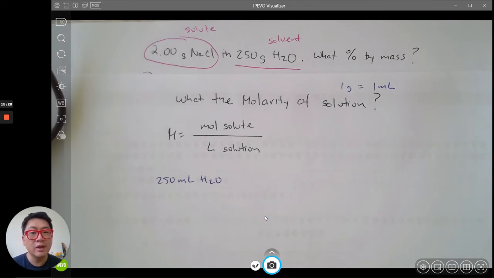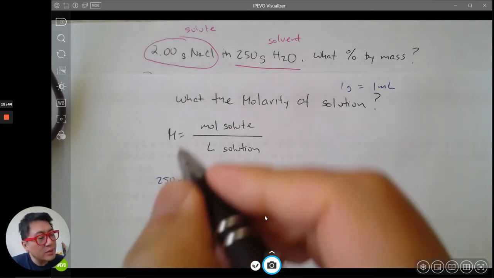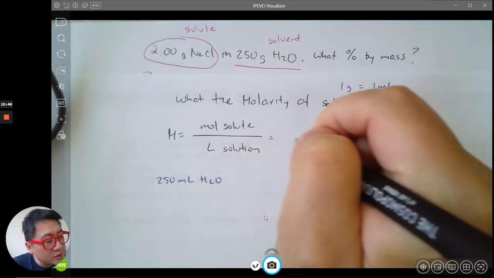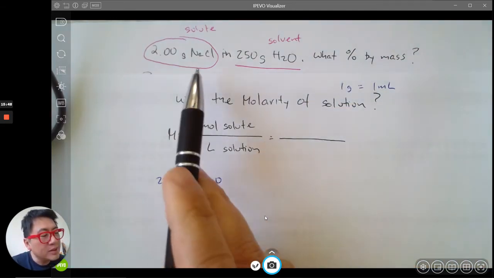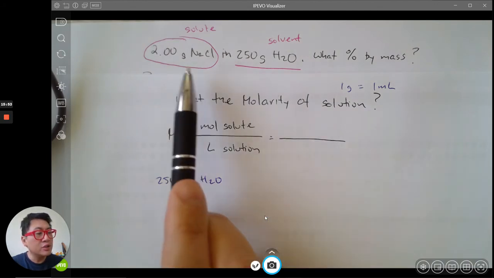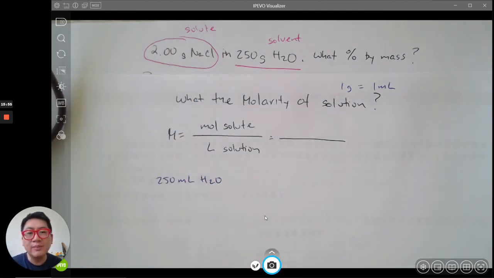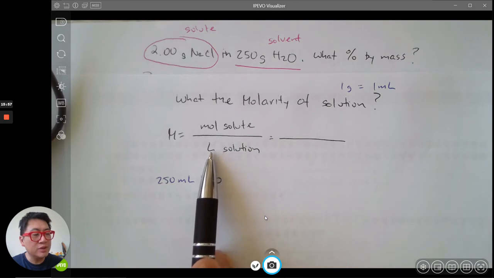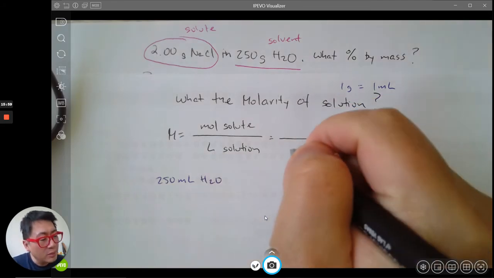Oh, there's actually one more thing. Technically this is not going to be exactly correct, but let's just say the entire solution is 250 milliliters. Because technically once you add 2 grams of salt into 250 grams of water, the volume is not going to be 250 milliliters or 0.25 liters.